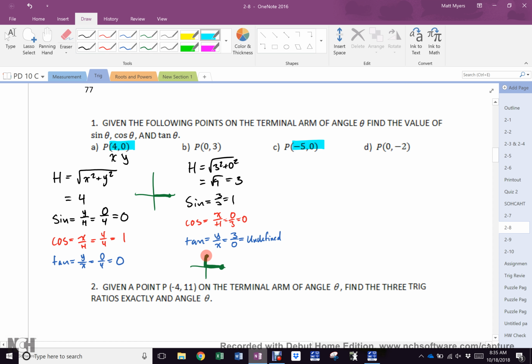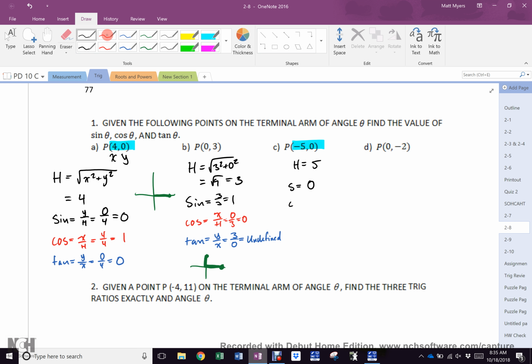It's 0x and it's up to 3. So, this one, what's our h? 5. We don't even need to do it, do we? Sine is y over h. So it is 0.